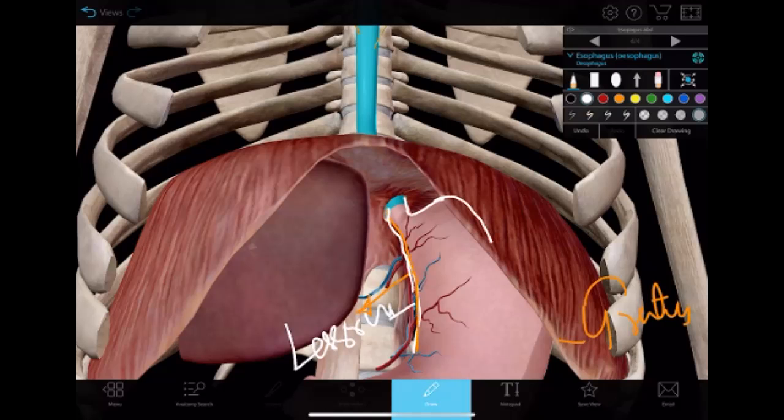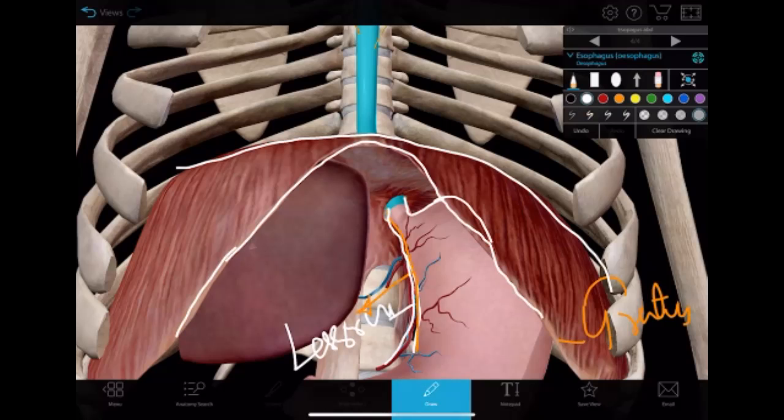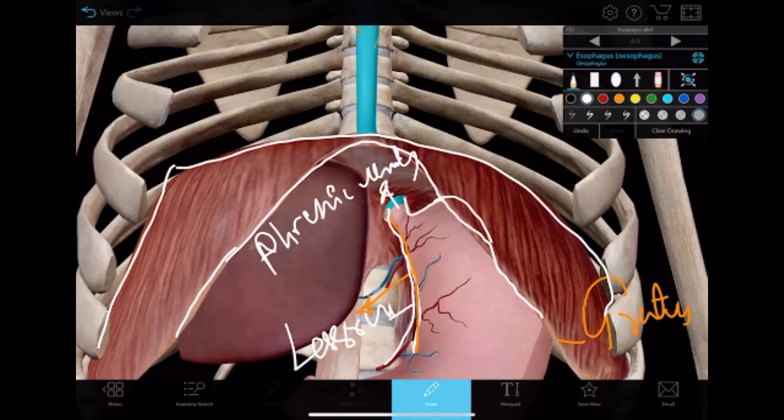It has the left gastric vessels, and because it is related to the diaphragm, the phrenic vessels also have a relation with this abdominal part of the esophagus.